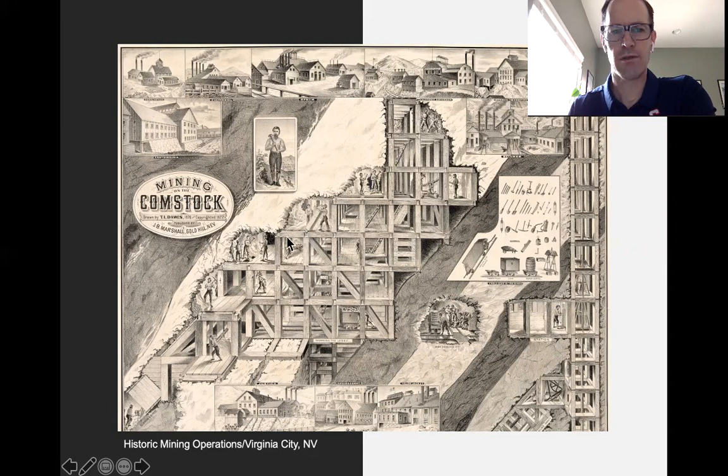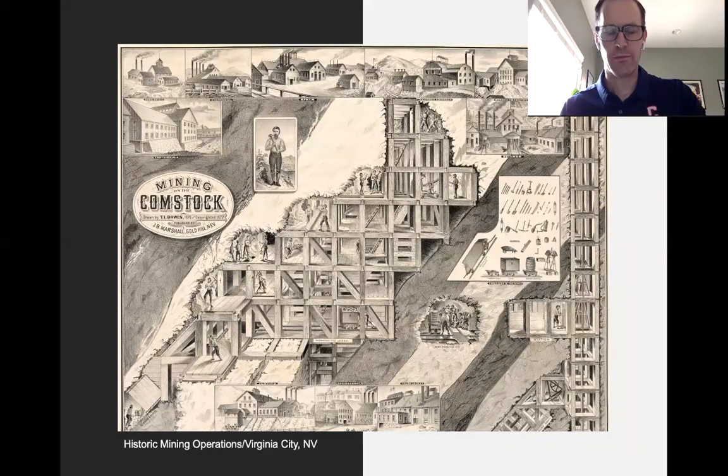Now this was a major innovation in the 1800s, and it allowed for tunneling massive areas, and they could get much more gold in this way, because they had the reinforcement to shore up the cavern. Now this wood came from Lake Tahoe.